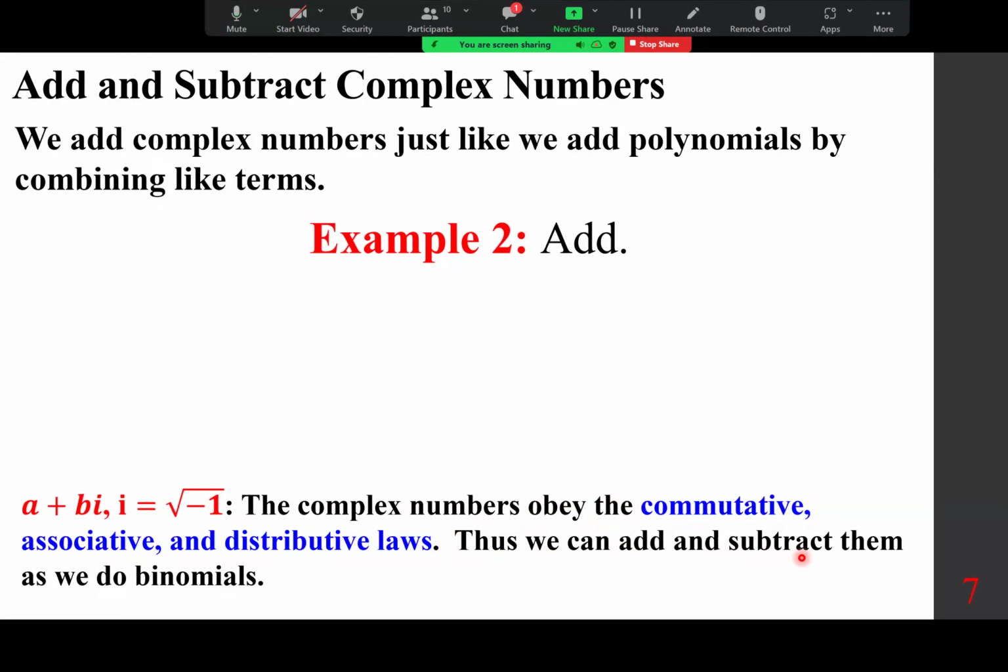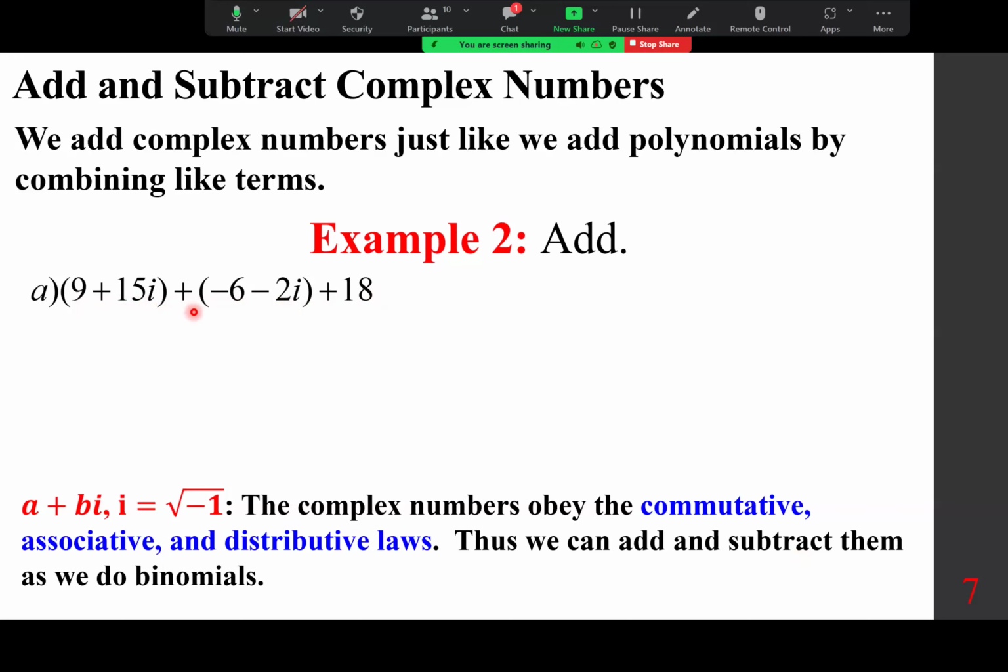So it's pretty straightforward. I hope everybody is okay with that. Let's look at this example. We are adding up 9 plus 15i plus -6 minus 2i plus 18.